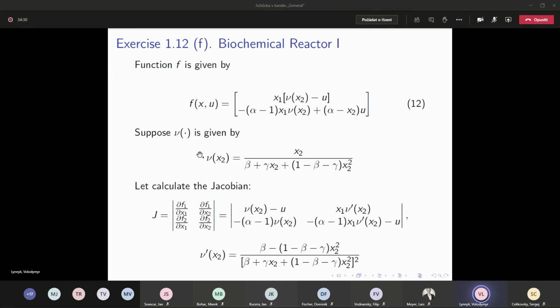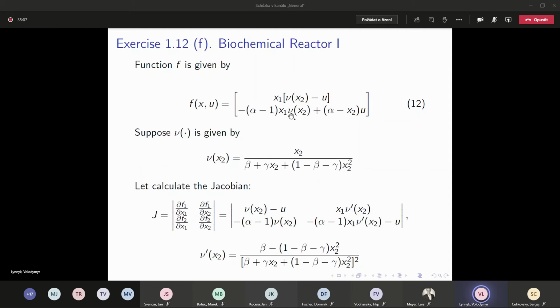Okay. The next example is a biochemical reactor, and function f is given by the next equation. x1 dot equals x1 times nu(x2) minus u, and x2 dot equals minus alpha minus 1 x1.